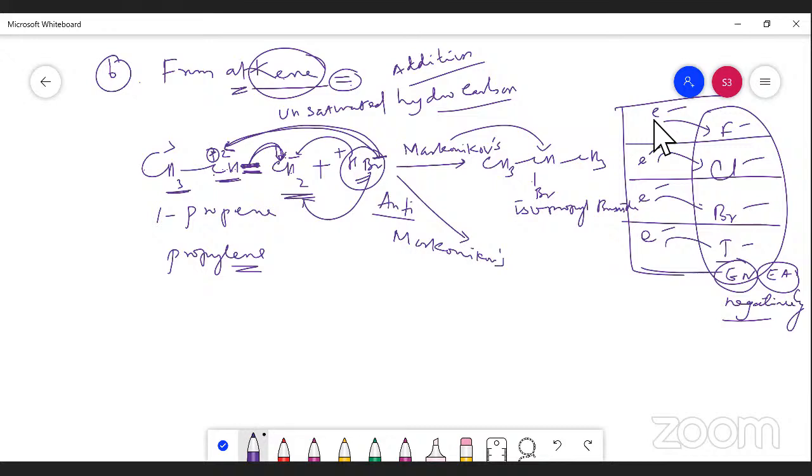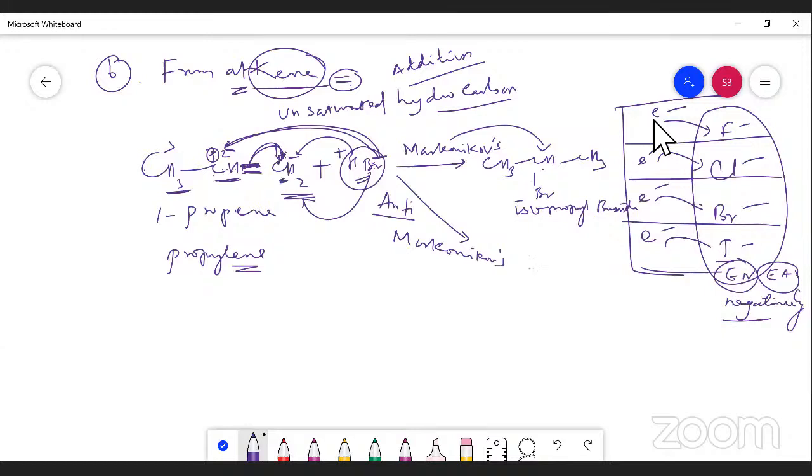This is against Markovnikov. Markovnikov stated that the negative part will approach the middle carbon, namely the one with fewer hydrogens. But anti-Markovnikov is nothing but, why not this negative part approach the terminal carbon? If the negative part approaches the terminal carbon, the product is changed.